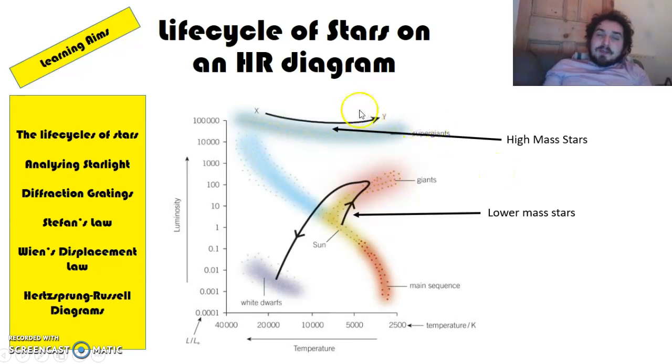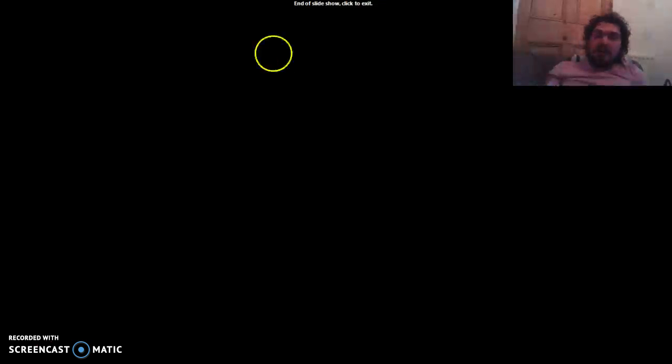And then we have these high mass stars, which are born very, very massive, and they're born violently, and their lifespan is really short. They quickly go from being massive stars to being massive red supergiants, and then obviously after that they explode.